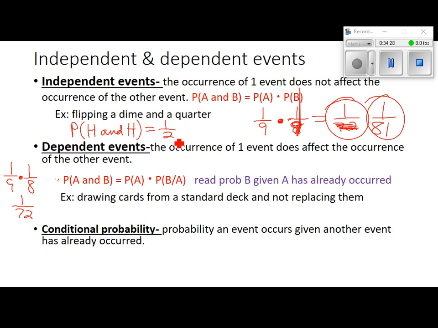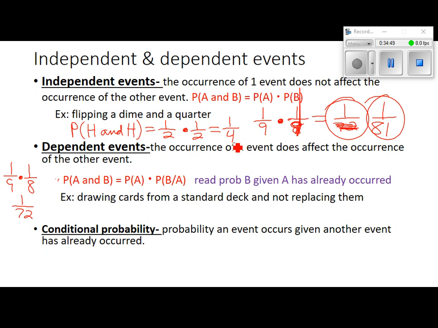What's the chances that I get a head on the quarter? 1 out of 2. What's the chances that I get both heads when I flip those 2 coins? Multiplying 1 times 1 is 1, 2 times 2 is 4. If they don't affect each other, if they're independent of each other.